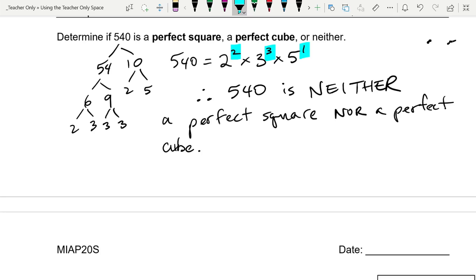Think about why that has to be. If it was a perfect cube, then all of these exponents would have to be multiples of 3. And they're not. 2's not a multiple of 3. 1's definitely not a multiple of 3. So that's it. It's neither. Okay? So there we go.